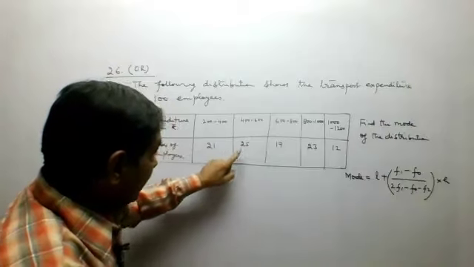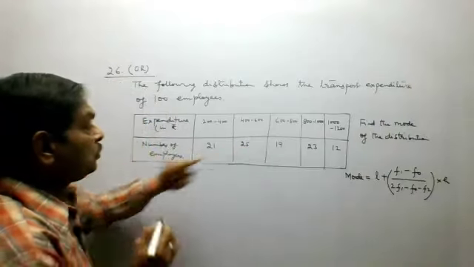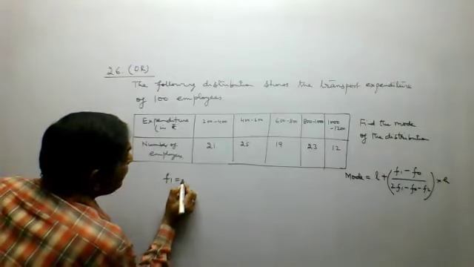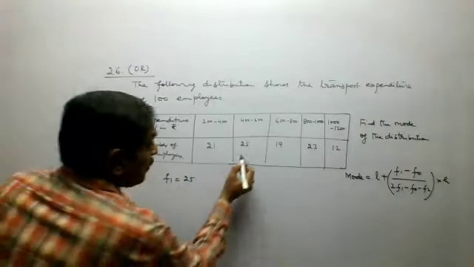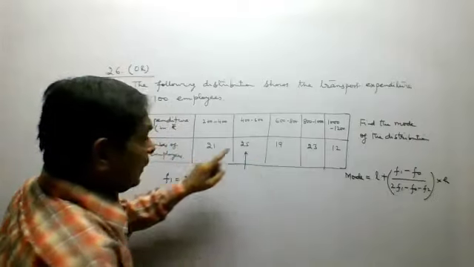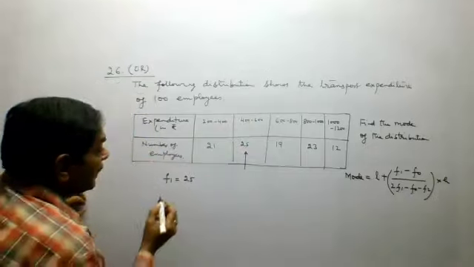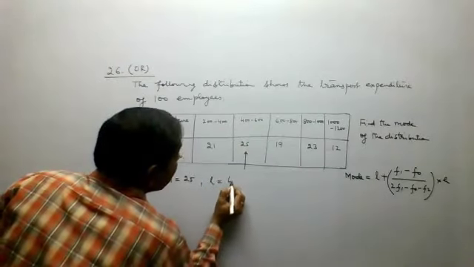Now F1 is 25. So 25 is our F1 since it is the modal class. Now lower limit of the modal class, that is L is equal to 400. So L I write 400.